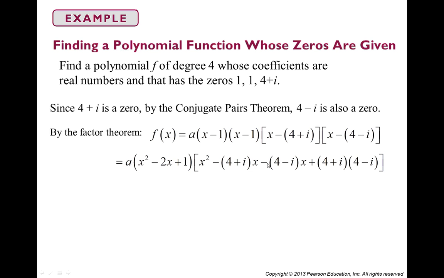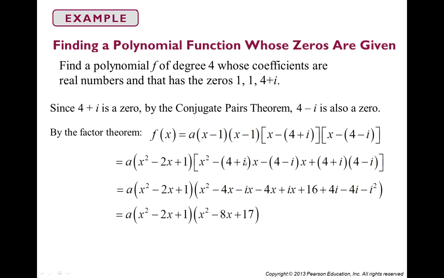So we're going to simplify this down a little bit. We distribute the x into the parentheses and then apply the negative. So we get negative 4x, negative ix, negative 4x, negative and negative make positive ix, and then 4 times 4 is 16. 4 times negative i is negative 4i. i times 4 is 4i, and i times negative i is minus i squared.